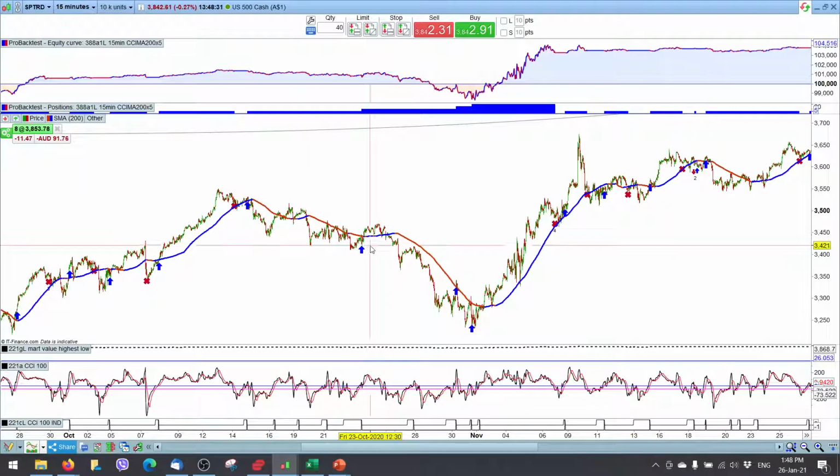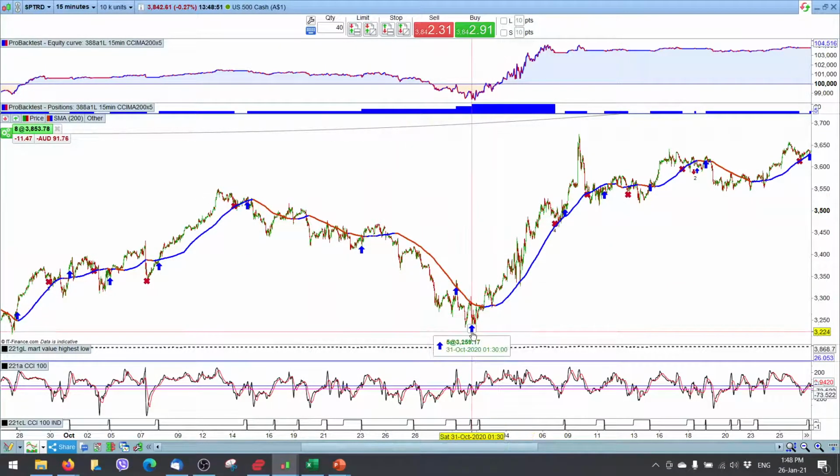Now, as you can see here, each of these steps represents additional contracts added. So we entered our first trade there, we entered our second trade there, a third trade, and our fourth trade. Each time you enter this averaging down technique, the overall average price drops, and that's why after our last entry there, the price recovered.